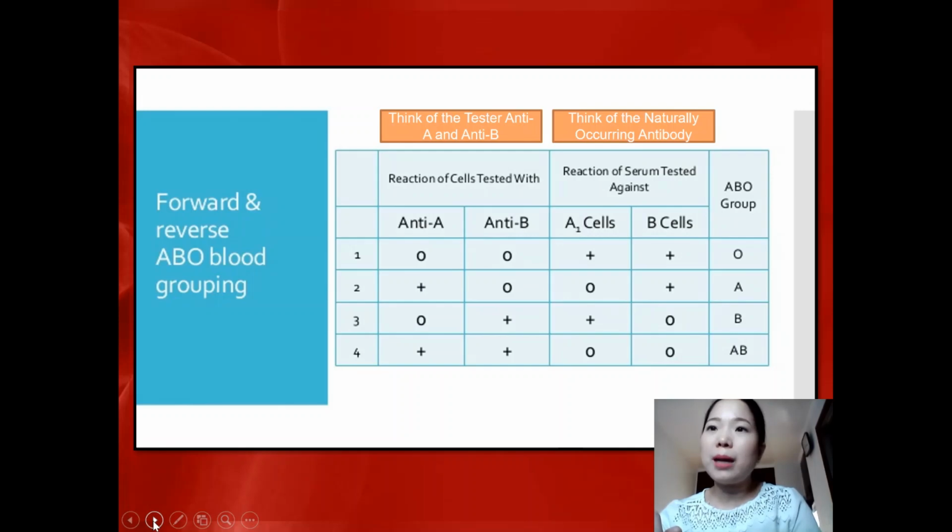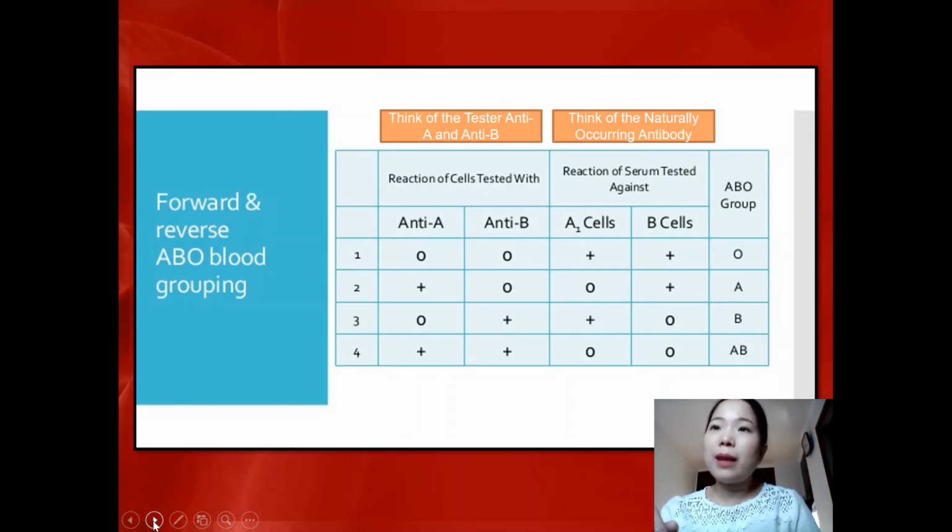So, which blood type has an anti-A and an anti-B in its serum? That would be your blood type O. For the second blood, or the second serum, we have no agglutination with A. So it means that it does not have an antibody A, but it has an antibody B in its plasma or in its serum.